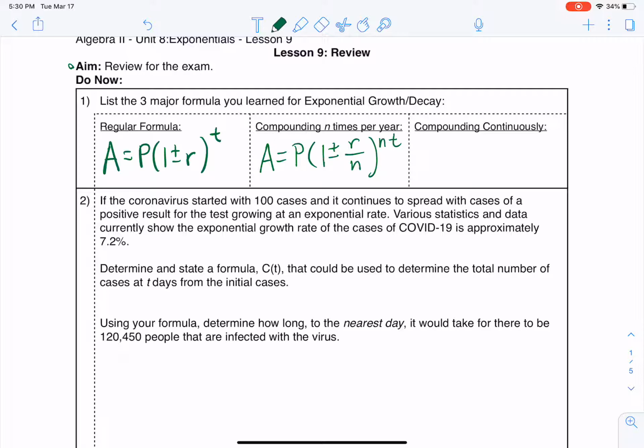So if we're dealing with something that's quarterly, that n value would be 4. If we're dealing with something that is weekly, it would be 52. Daily, 365. So the n value changes as we change the compounding frequency.